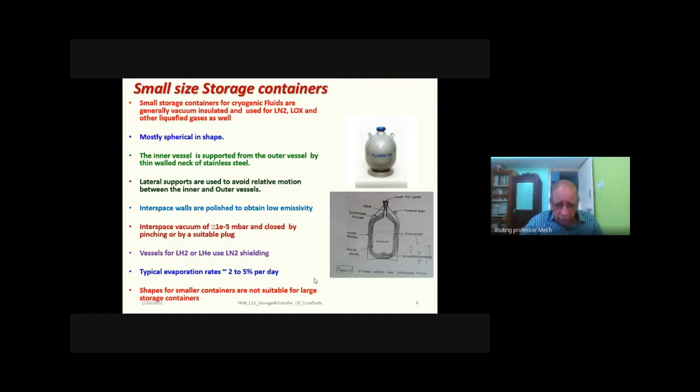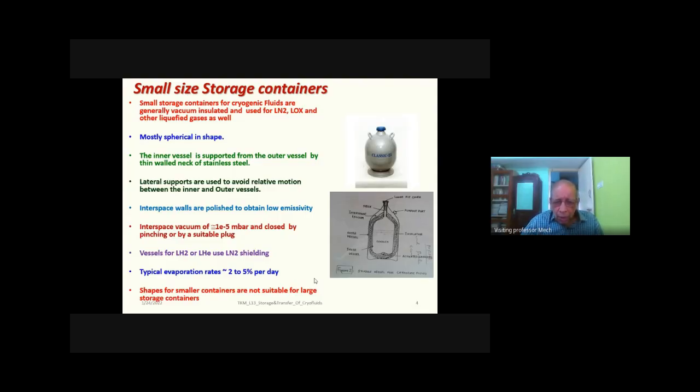This takes care of the radiation heat loads that are coming from outside, and the interspace is evacuated using a suitable arrangement to the level of something like 1 into 10 to the power minus 5 millibar pressure. In the case of vessels which are using liquid helium, you normally have also a liquid hydrogen shield. Either the direct liquid hydrogen shielding or refrigerator shielding are used. We know that these sorts of systems will have evaporation rates from about 2 to 5%.